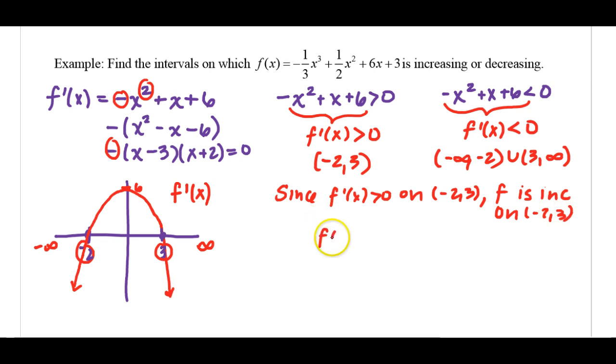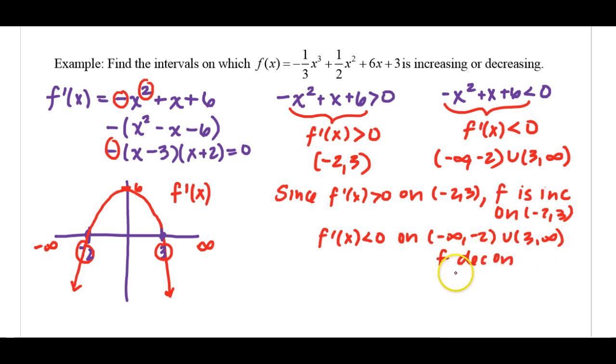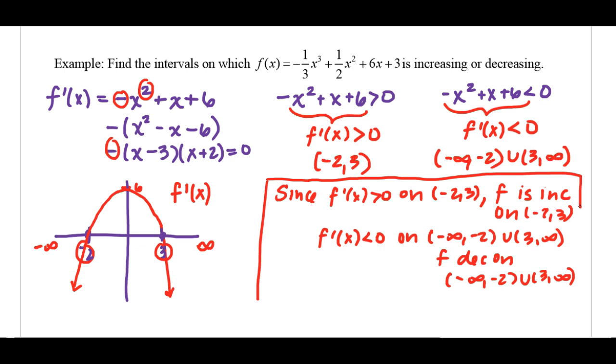And then similarly, since f prime of x is less than 0 on these two intervals, negative infinity to negative 2 and 3 to infinity, that means that f is decreasing on negative infinity to negative 2 and 3 to infinity.